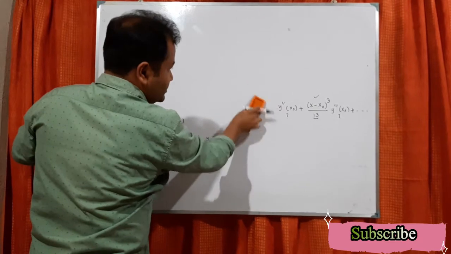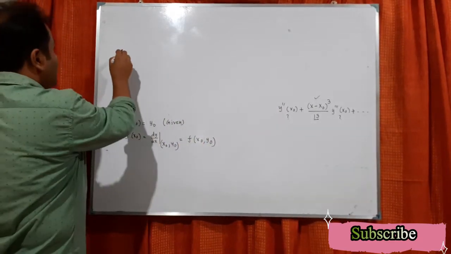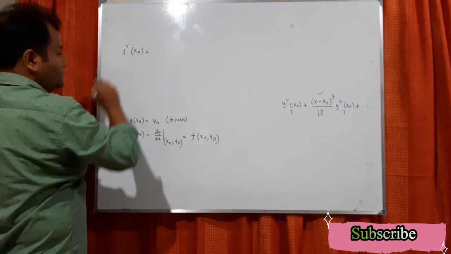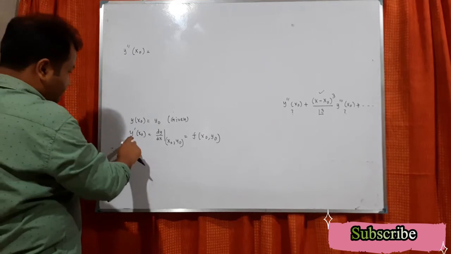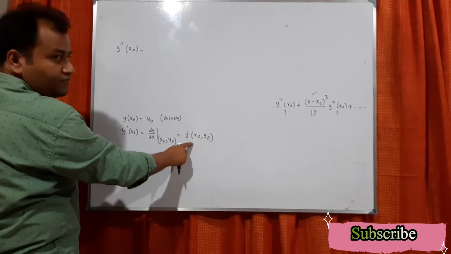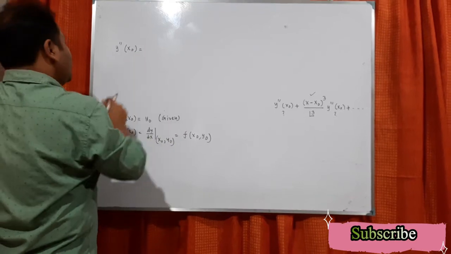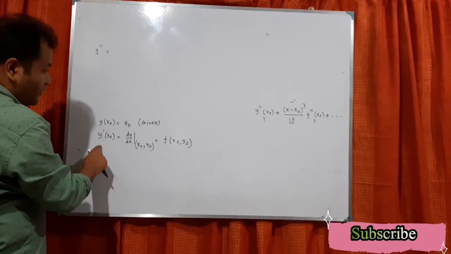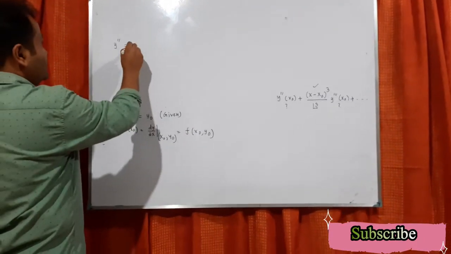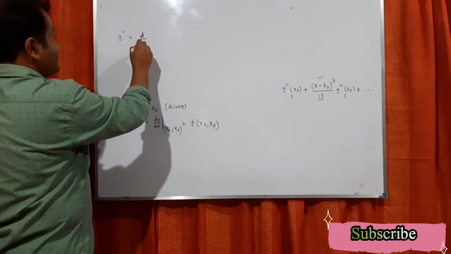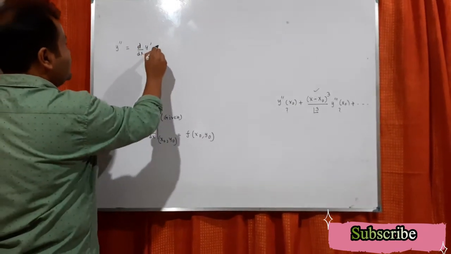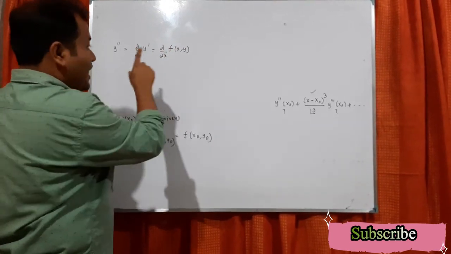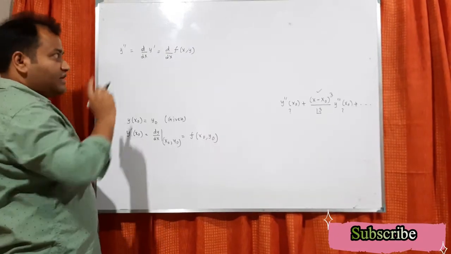Now let me rub this and start calculating the third term onwards. The main problem is y double dash of x naught. Let us find y double dash first, then x naught will come. y double dash means the derivative of y dash, so this means d dx of y dash, or d dx of f of (x, y), because we know y dash is f of (x, y) from the differential equation.